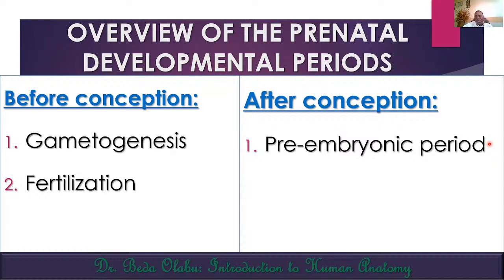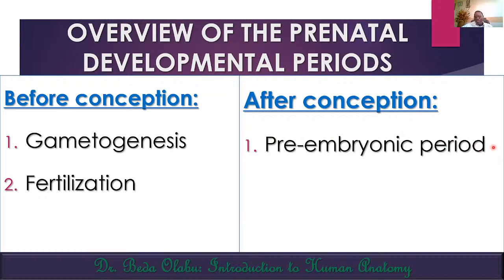During these first 2 weeks, some key things happen. One of them is that the conceptus, whatever has been formed, will move from the site of fertilization to the site of implantation. Implantation is the attachment.